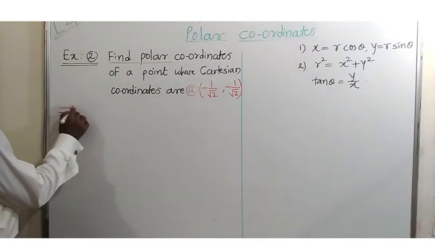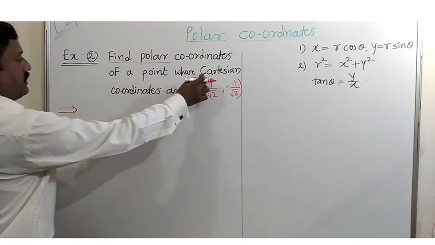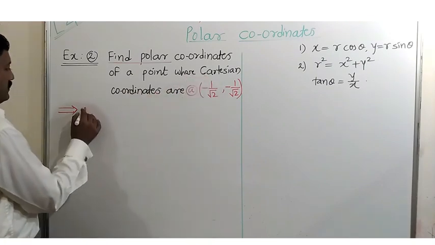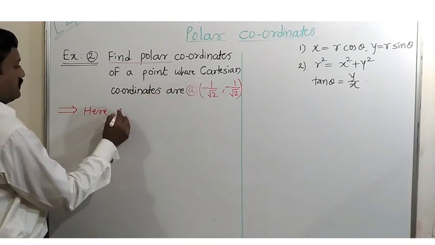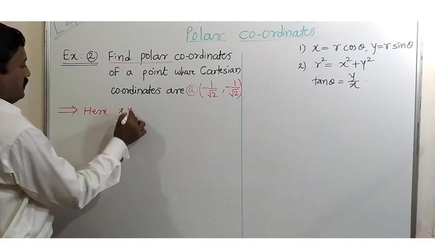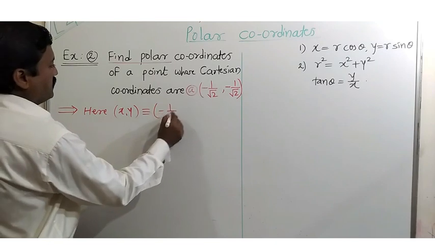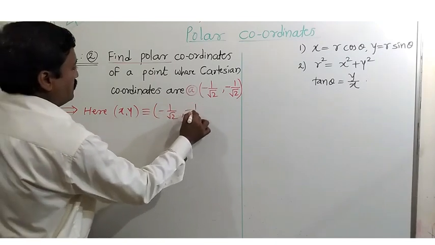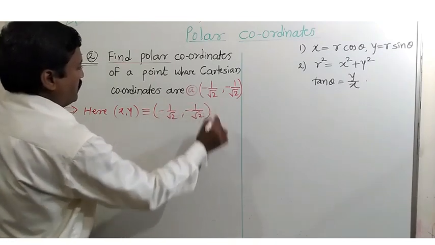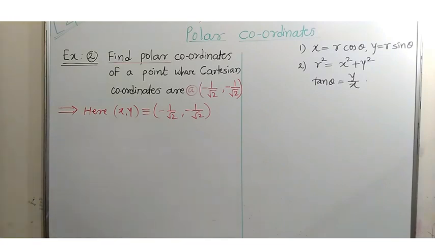Then here Cartesian coordinates are given. Here x, y is given as minus 1 upon root 2 and minus 1 upon root 2. And here we have to find the polar coordinates.